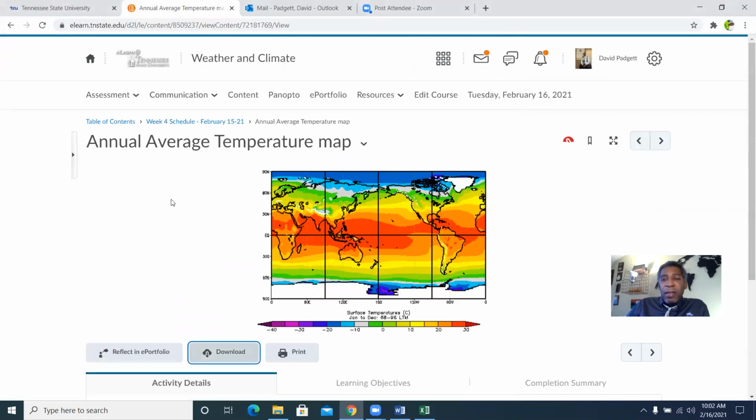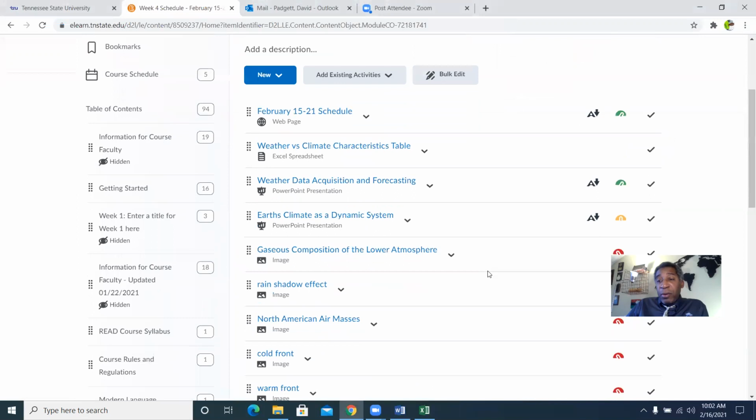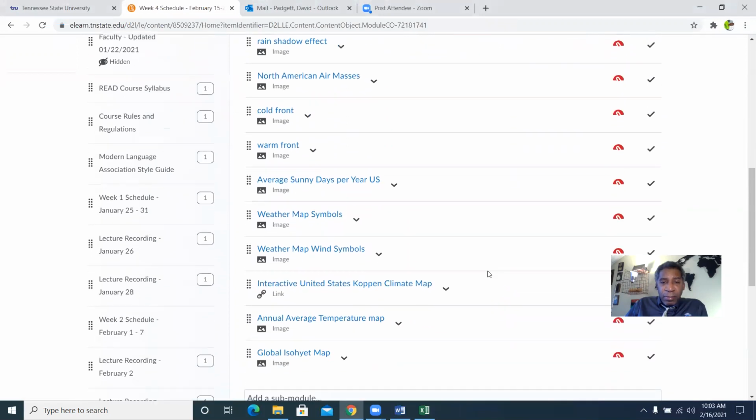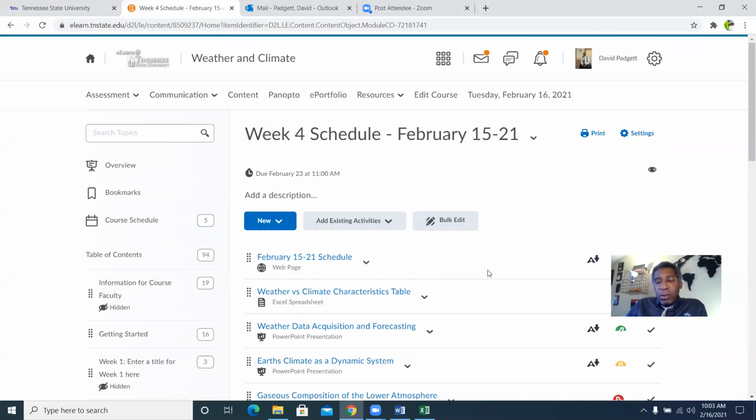Now, on the other hand, if we are looking at weather, then that would take us to looking at, say, the daily weather map.